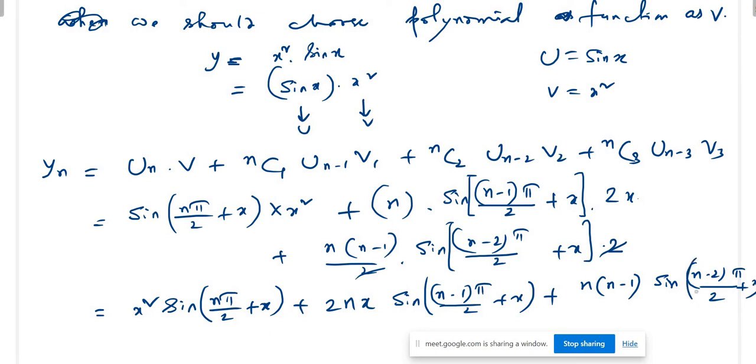So this is the way to find the nth order derivative.